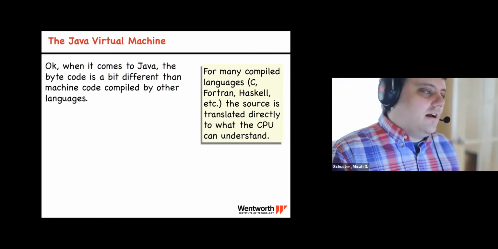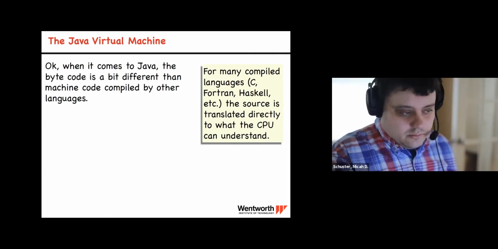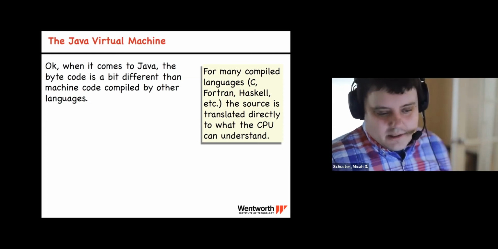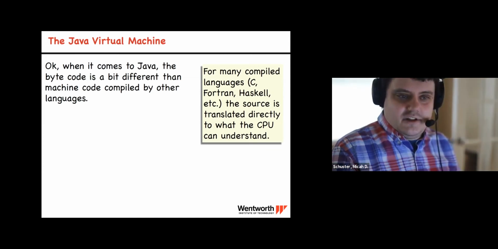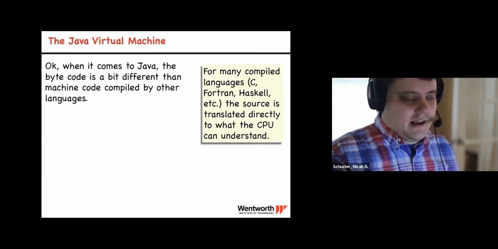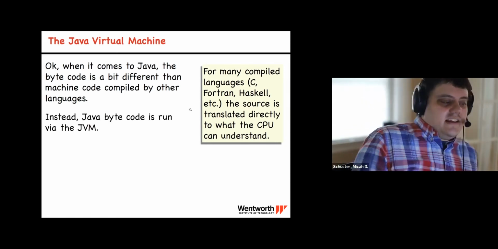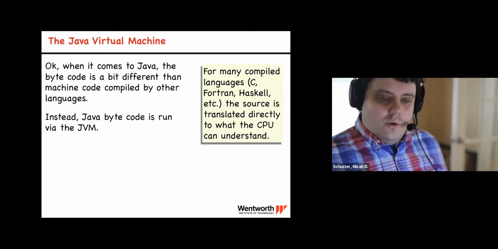So for something like the parallel programming class, I use C or C++ or Fortran in that class. For a lot of other stuff that I program, I'll use C++ or potentially some other languages. So in that case, the compiler gives you directly an executable, something I can double-click on or I can run in the terminal. In Java, that's not actually the case. The Java bytecode is run on the Java Virtual Machine, the JVM.